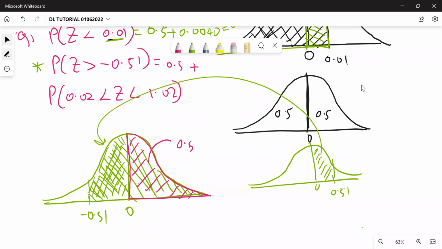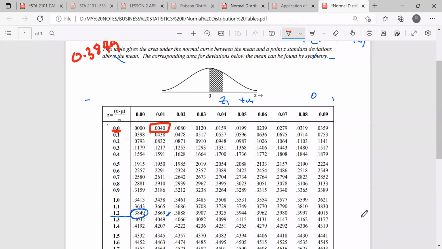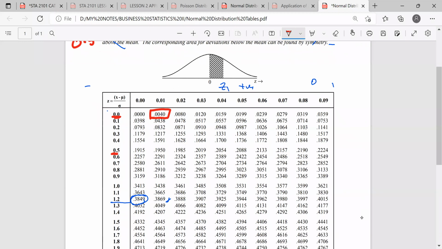So going to the tables, we look for 0.51. 0.5 is here, 0.51 is there.